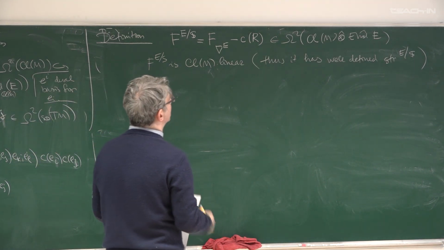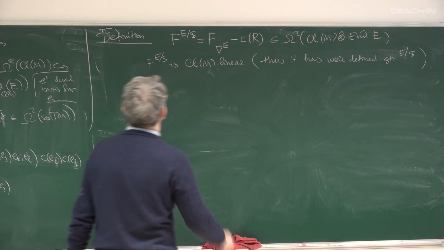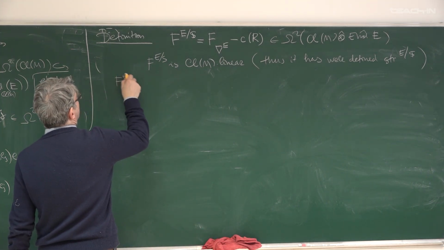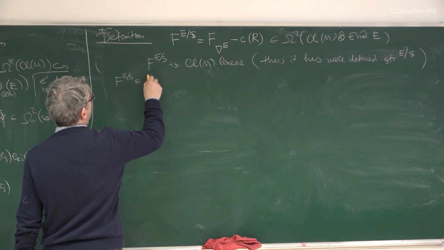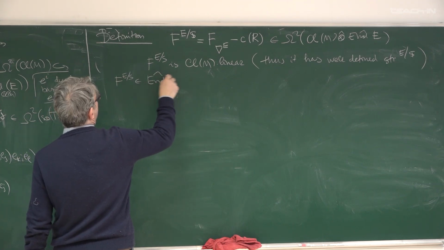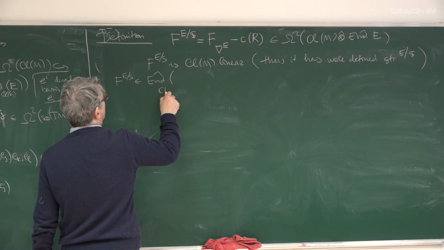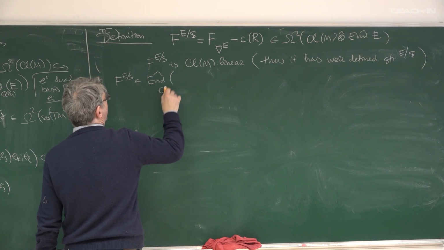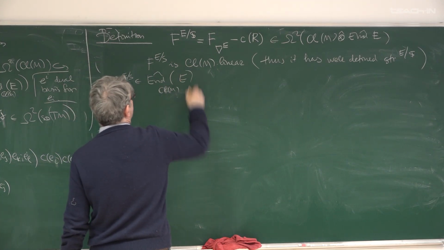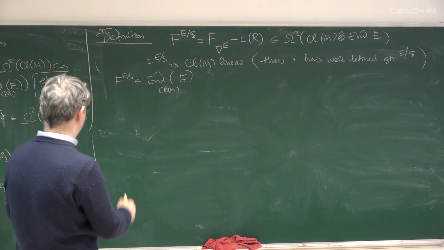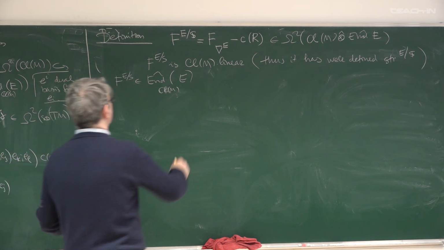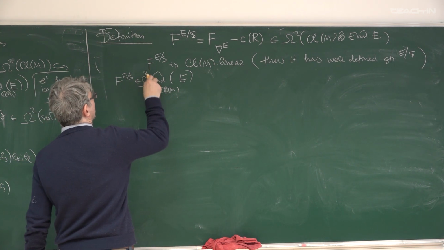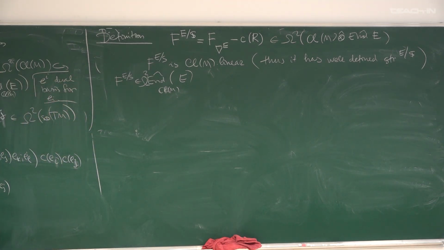So roughly speaking, we can say that F E/S belongs to endomorphisms over Clifford of M of E. Oh, not correct, differential forms. Every time I forget about differential forms.